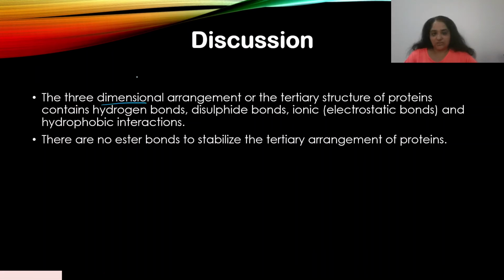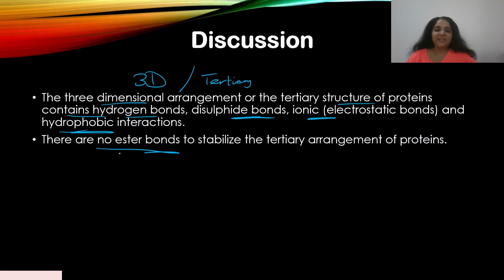The three-dimensional or tertiary arrangement of proteins contains hydrogen bonds, disulfide bonds, ionic bonds, electrostatic bonds, and hydrophobic bonds. But there are no ester bonds to stabilize the tertiary arrangement of proteins. Like the question said, which is least likely to be present?